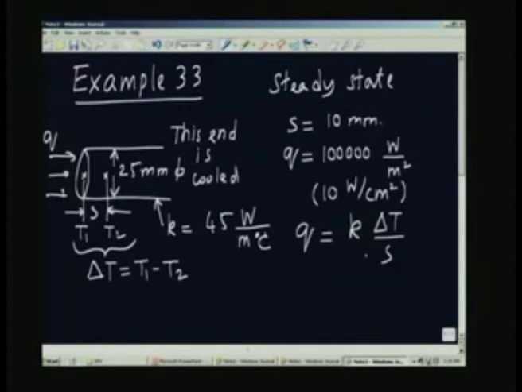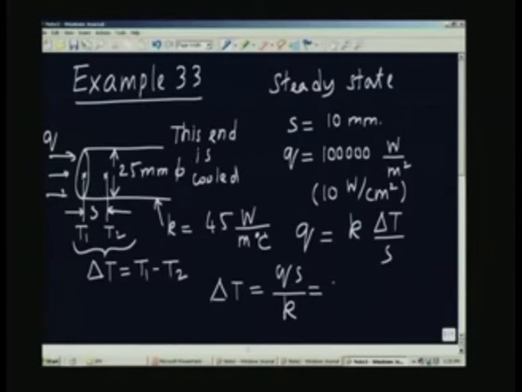The diameter of the probe does not come into the picture, because we have the heat flux and we are not measuring the actual heat transfer, for which of course you would require the diameter of the probe. From this I can obtain delta T as Q S by K, a very simple formula. It is directly proportional to Q, therefore, it is a linear gauge.